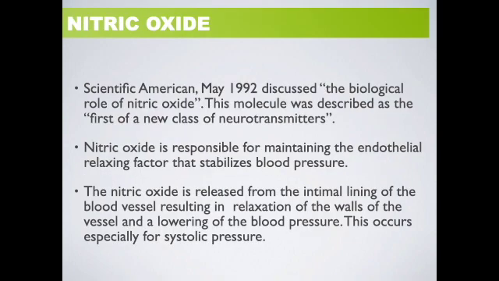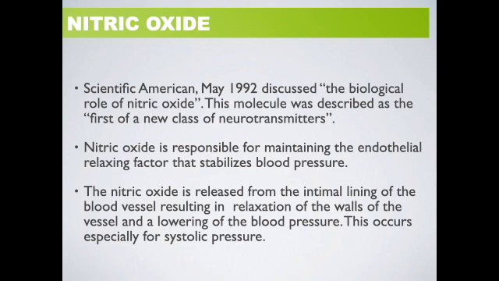Nitric oxide, another thing that's really worth talking about with heart problems. There's some really interesting stuff out there, articles on this, and some neat studies that have been done. But nitric oxide is a neurotransmitter that is responsible for relaxing the endothelial lining, which is involved in vasodilation and sort of counteracting high blood pressure.